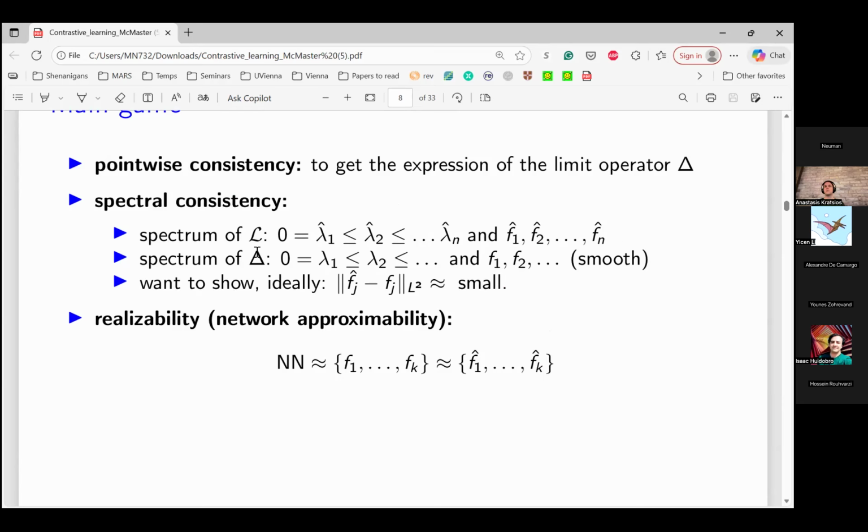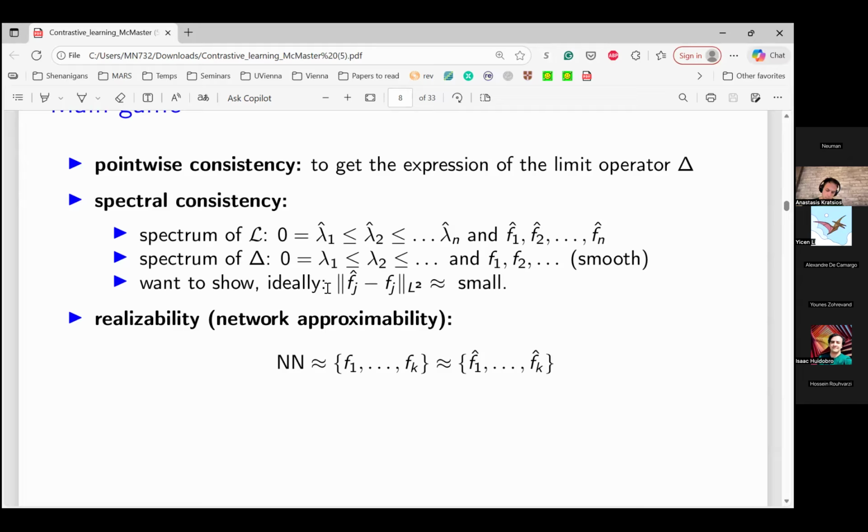Now the spectrum of the Laplace-Beltrami operator on the manifold is a countable spectrum where the first eigenvalue is zero, and it's actually a simple eigenvalue and also isolated. Corresponding to that is a countable list of eigenfunctions, and the idea is that these eigenfunctions are smooth, okay?